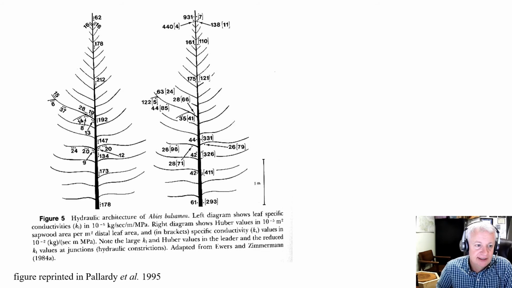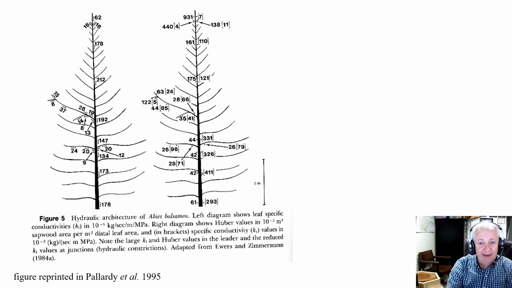At any rate, what Ewers and Zimmerman did was they took a balsam fir tree and took it apart and then measured hydraulic conductivity in segments of xylem in the way that I described to you, where they took a segment of trunk or branch and forced water through it under pressure, so they know the pressure on the pressurized end, the pressure on the open end, and the length of the segment.